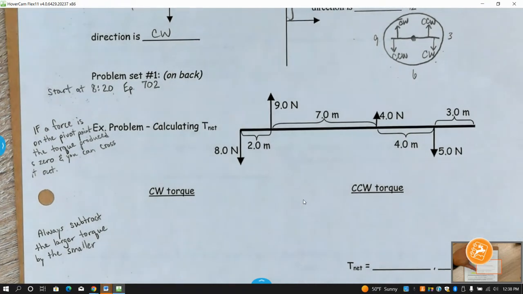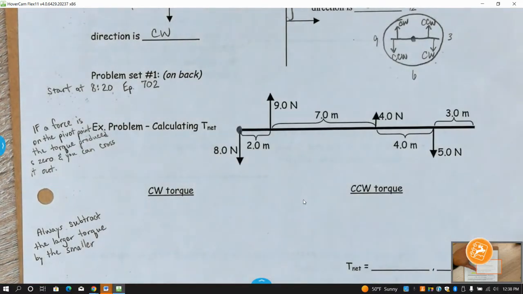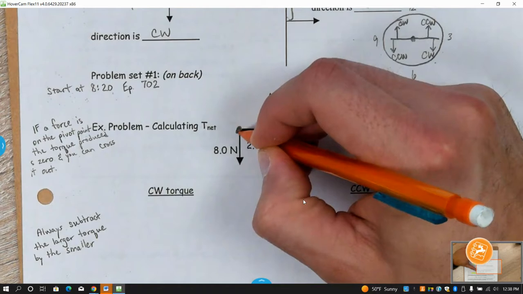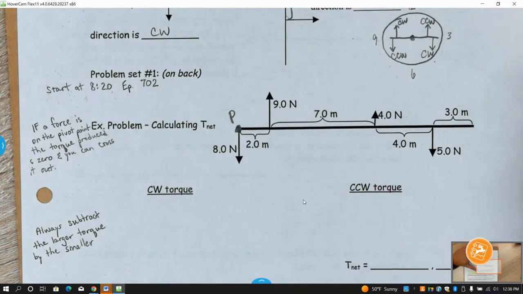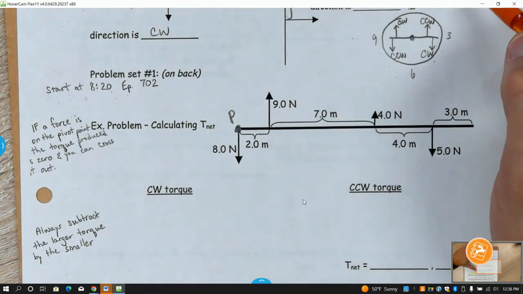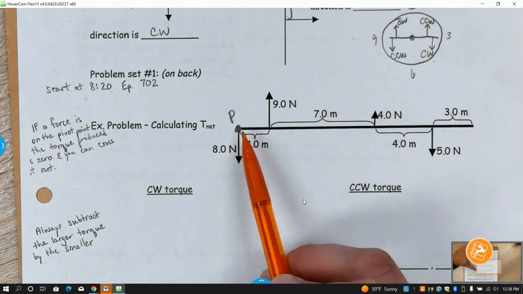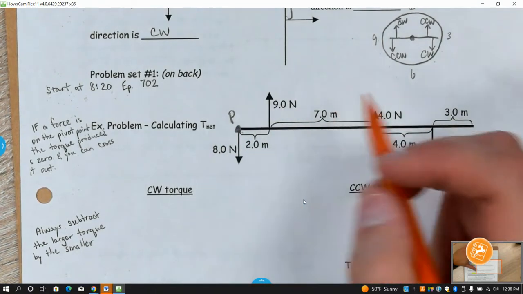So in this one, if you weren't here yesterday, place this dot here. Here's your pivot point. Again, the R value, the lever arm value, is the distance from the pivot point to where your forces are.